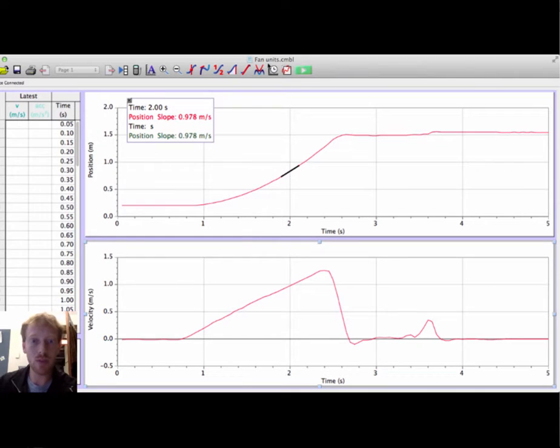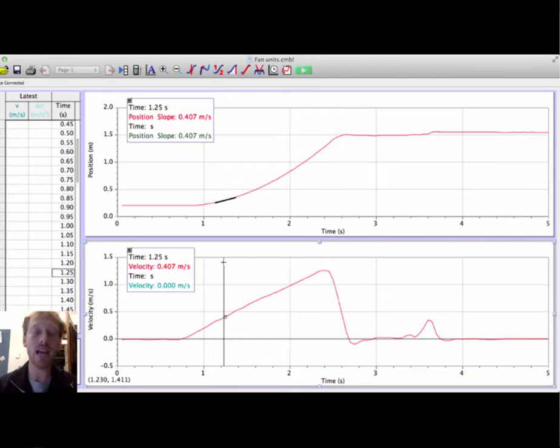Now, watch what happens when I use the examine tool on the velocity graph at the same time as I use the tangent tool on the position graph. The slope of the tangent line at this instant is 0.407 meters per second, and that is also the value of the velocity, the instantaneous value that the velocity has at that instant.